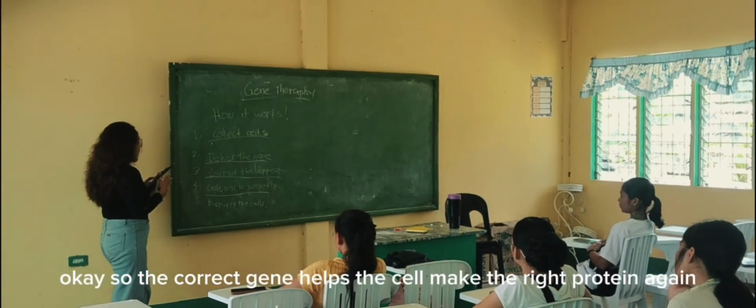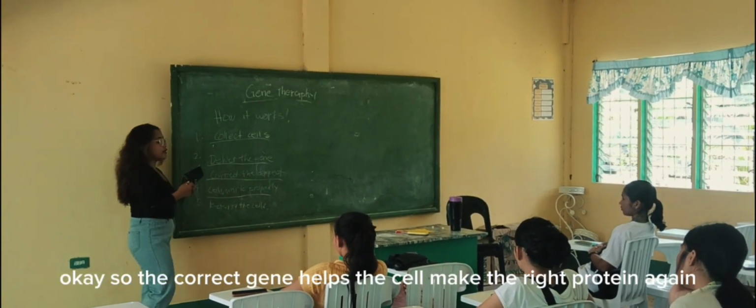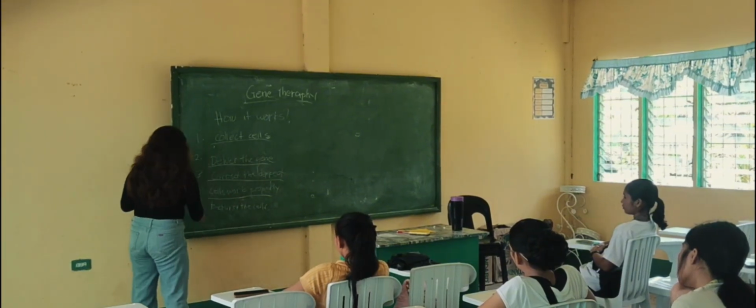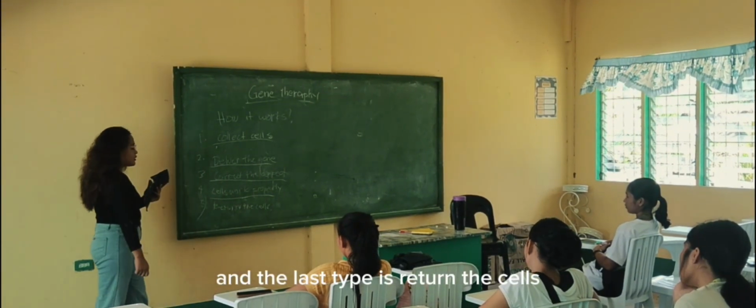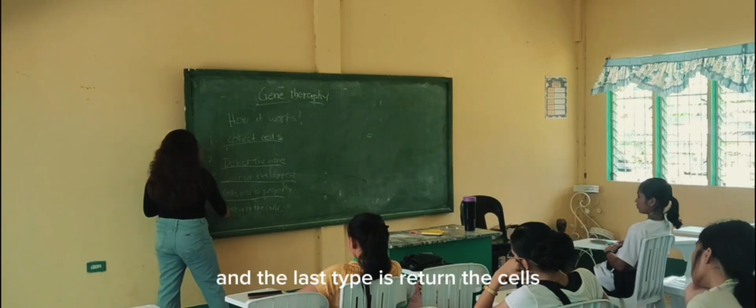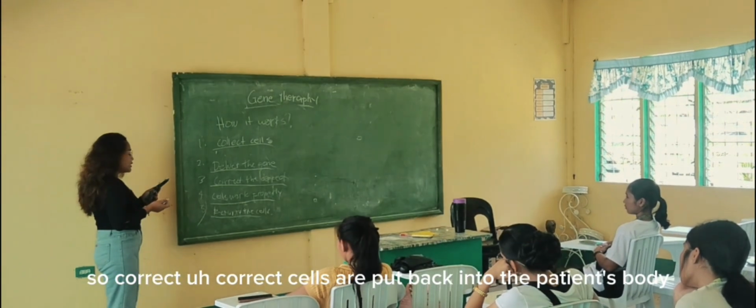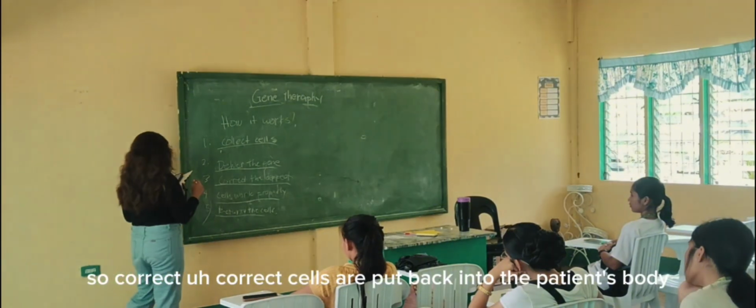Next is that the cells work properly. The corrective gene helps the cell make the right protein again. You understand? And the last part is to return the cells. The corrected cells are put back into the patient's body.